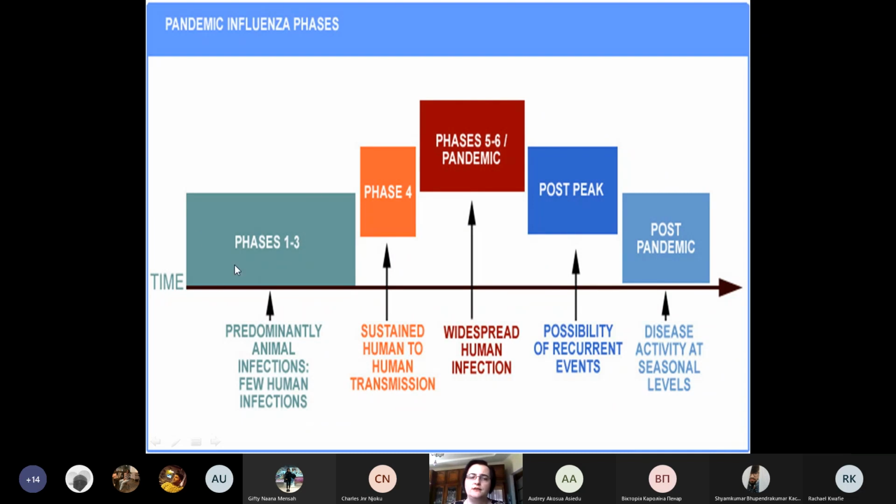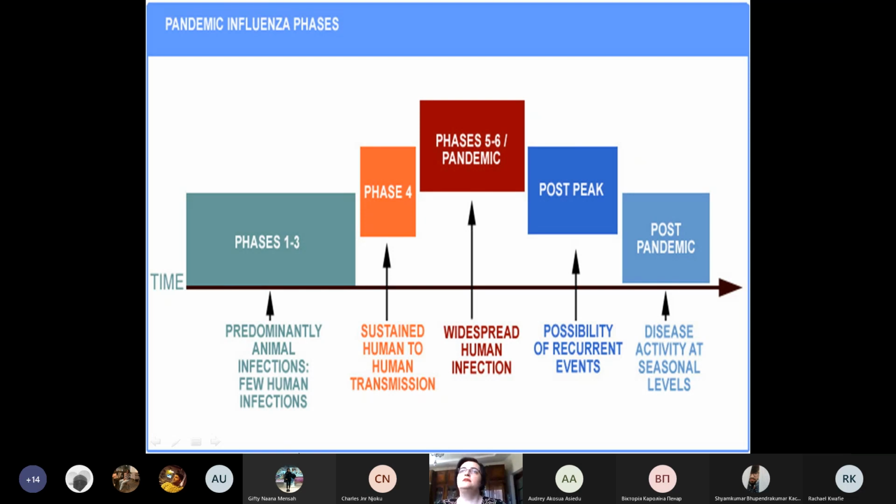And you see the first phase, the gray square, phases 1 to 3: predominantly animal infections, and just a few human infections, like avian influenza possibility. Phase 4, sustained human-to-human transmission.